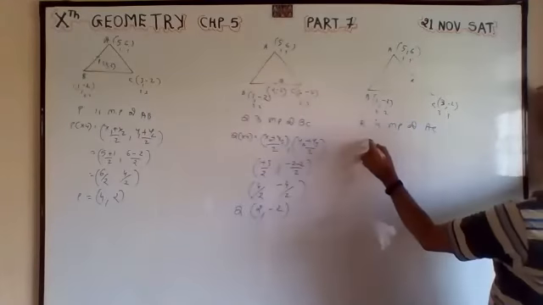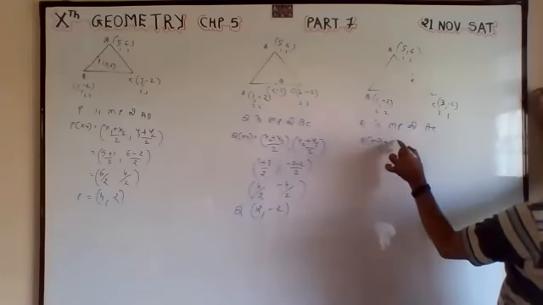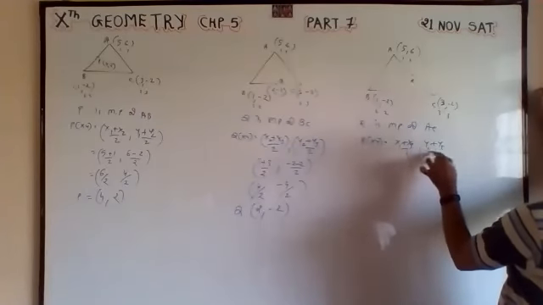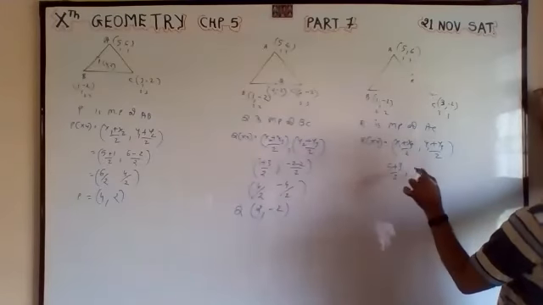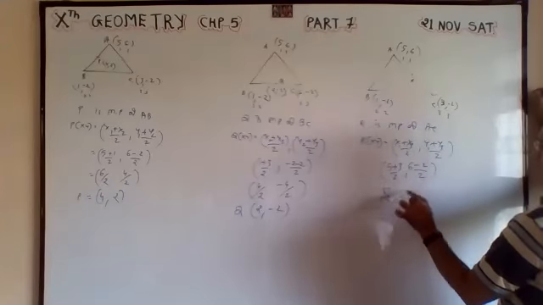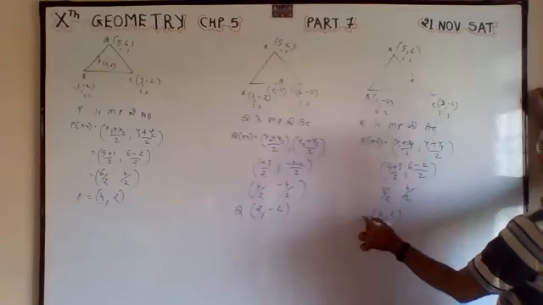Now R, AC: 1 and 3, 5 plus 3, 6 minus 2. This is R.